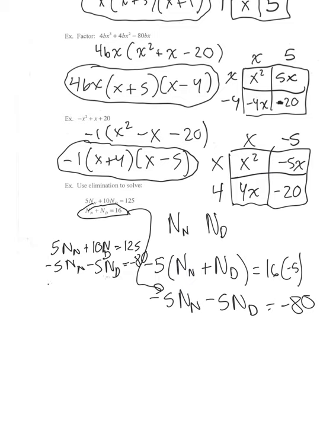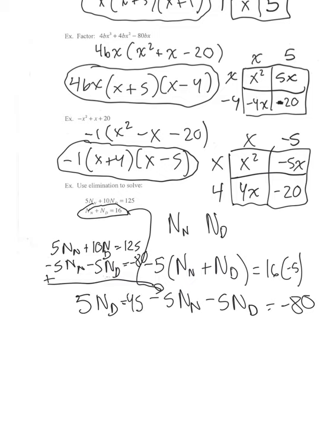And now I'm going to add these up. And just like I wanted, my n sub n's become 0, which means that they're no longer there. 10 n sub d plus negative 5 n sub d is 5 n sub d, and 125 plus negative 80 gets me 45.